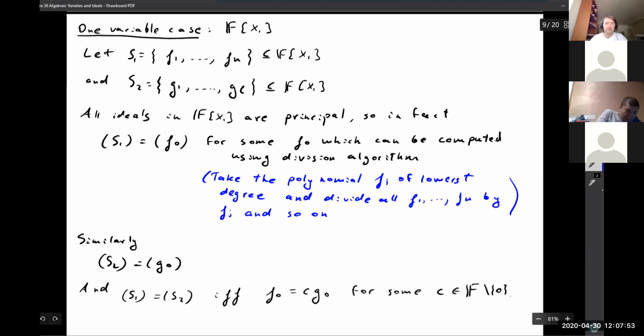So this thing is called Euclidean algorithm, pretty much how you find GCD of integers. An algorithm to compute GCD.